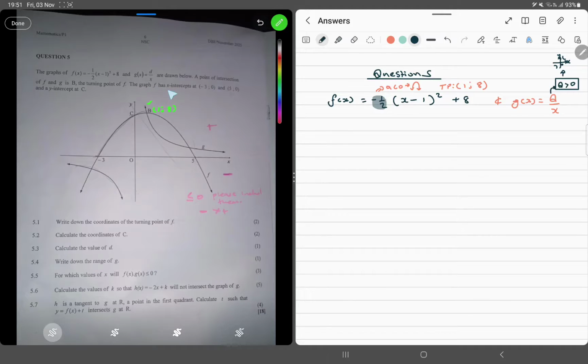The graph of f has x-intercepts at minus 3 and 5. We can see that, no problem. And then we are told here, and a y-intercept at c.